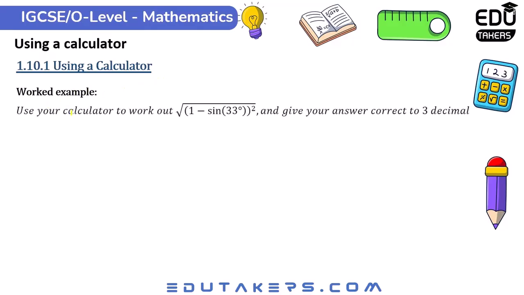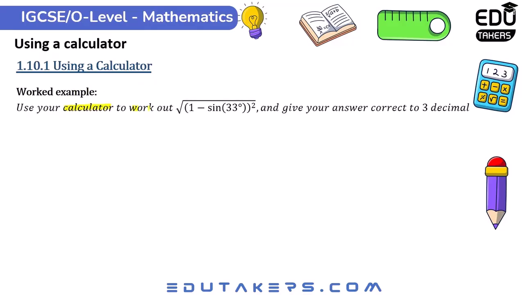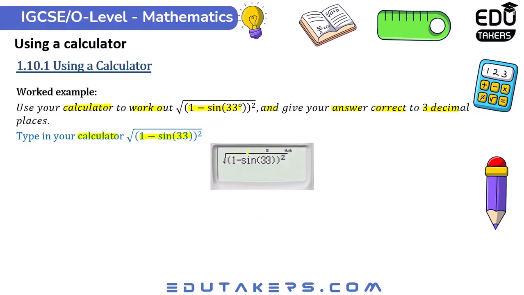Worked example. Use your calculator to work out the square root of 1 minus sine 33 degrees, and its whole square, and give your answer correct to 3 decimal places. Now type in your calculator square root of 1 minus sine 33 and its whole square like this.